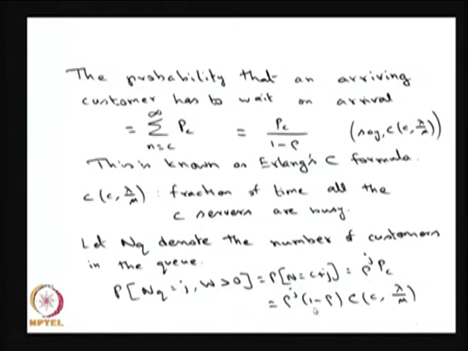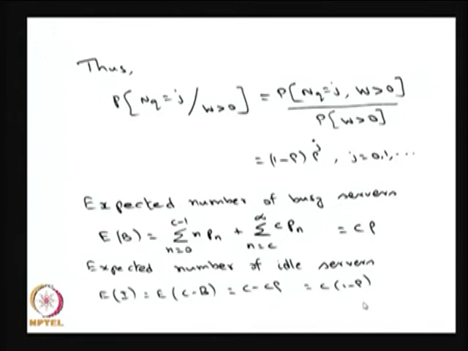Do a little simplification, so you will get this joint probability in terms of the Erlang C formula. Using that I am finding the conditional probability. What is the conditional probability that J customers are in the queue, given that the waiting time is greater than 0?